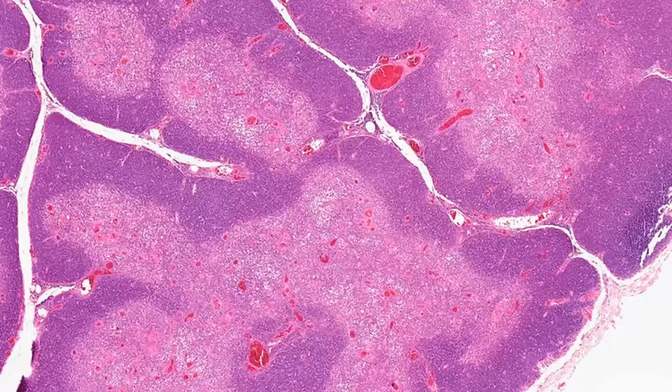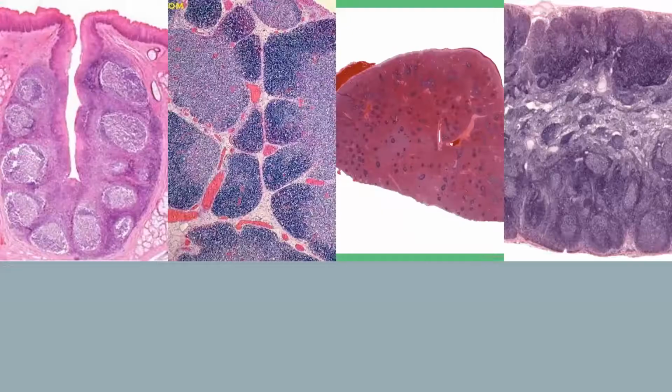This is the other picture of the thymus. You can see the capsule, the trabeculi, and one thymic lobule. Outer cortex, which is dark, and inner medulla, which is lighter. And I have these 4 pictures here for you. The first one is the tonsil, because we have tonsillar crypt, epithelium on one side, and capsule on the other side.